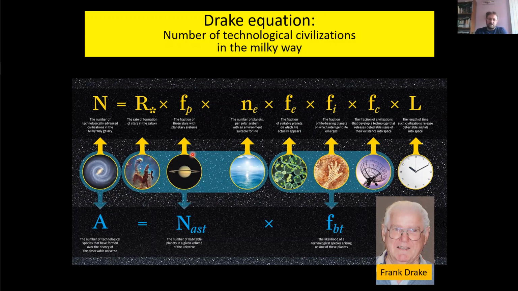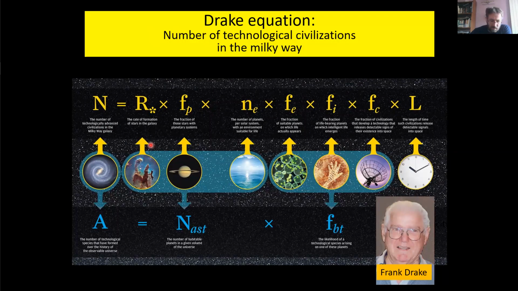What are the conditions? How many of them are in our Milky Way? If one looks at Star Wars, there are so many of them, but in reality, we know of one. So classical one-point statistics. And this equation looks at the number of advanced technological civilizations in the Milky Way.